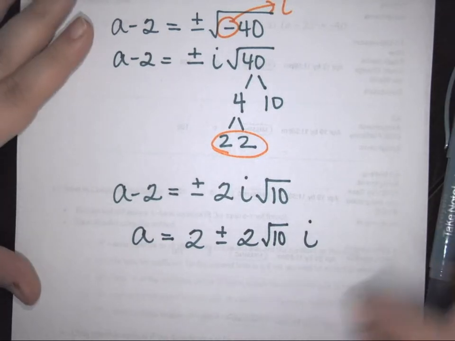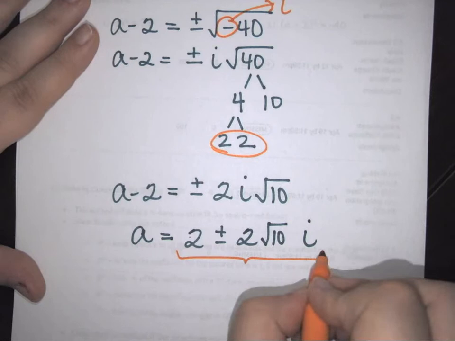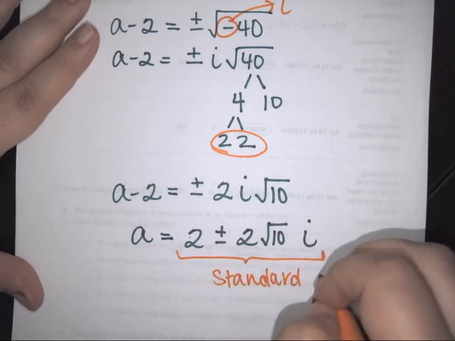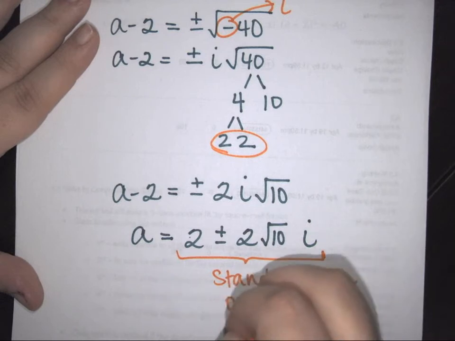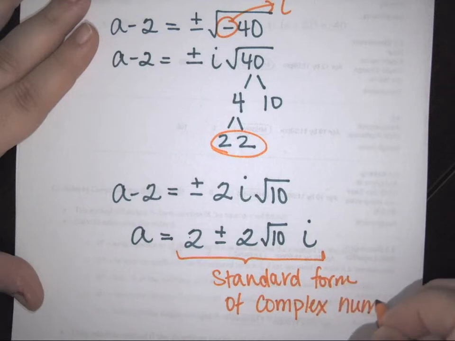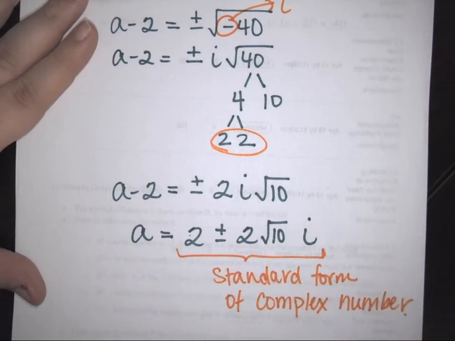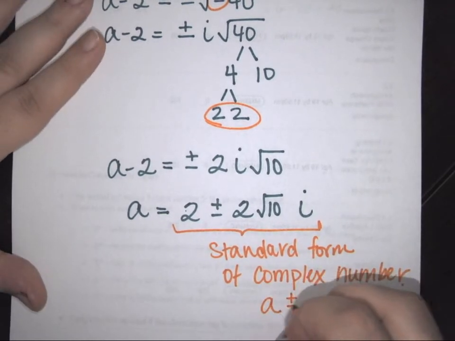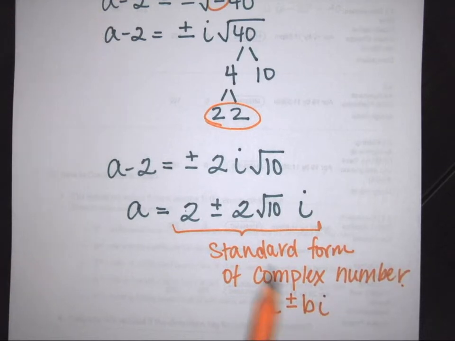Now because of complex rules, this should be in standard form of a complex number. So your complex rules should remind you that that should be in the form a plus or minus bi. So when you look at this, there's nothing else that I can do. Thus, I have completely finished and reduced as far as I can go.